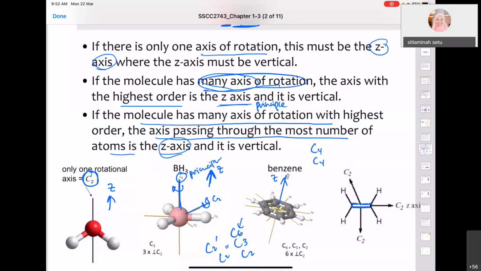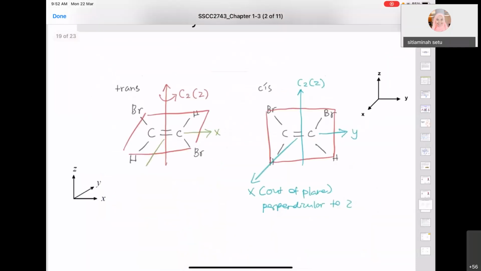This is ethylene ke ethane? Ethylene. Ethylene kan? CH2. Okay. C2H4. Okay. This one, you ada 3C2. Okay. You boleh rotate at this direction. Kemudian you boleh rotate tengah-tengah kat sini.